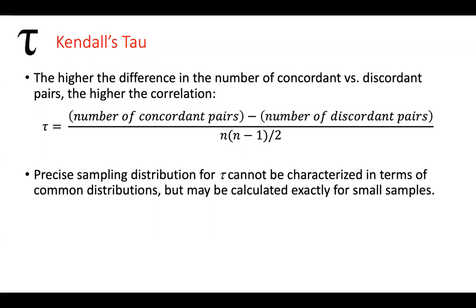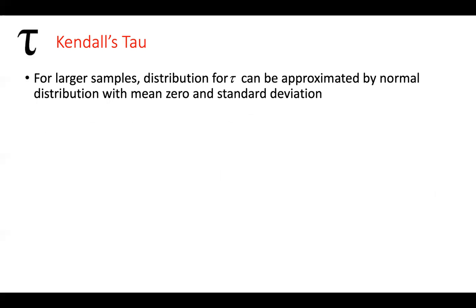That's an exact test, and we can determine exactly how likely it is to get such a result if the underlying true correlation is 0. However, that's tedious and takes a long time. So for larger samples, we can use an approximation.